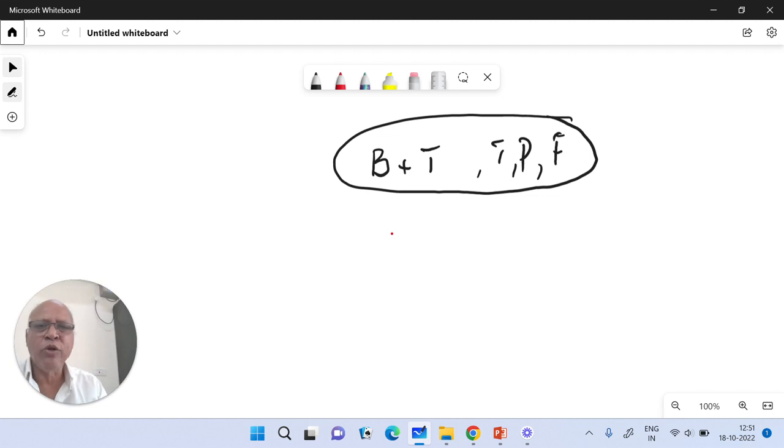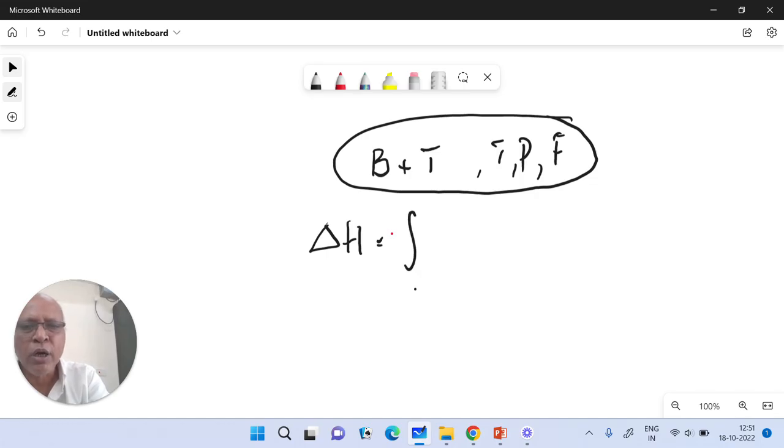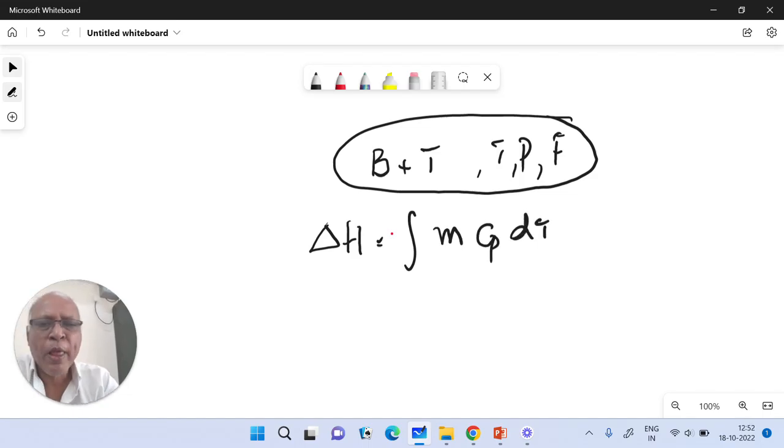So when I typically look at this problem, people normally come across this equation: delta H is equal to integral m Cp dT. Absolute enthalpy cannot be calculated, but we will be able to calculate the enthalpy changes by taking some reference temperature.